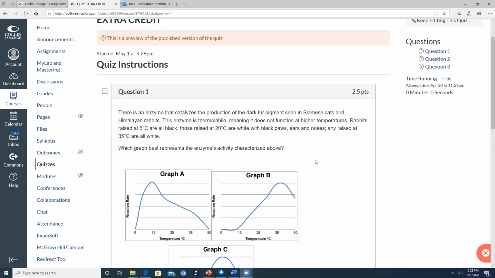Can you see this extra credit assignment? No, all I can see is the Zoom page. Oh, you can see it? Okay, let me do this. Okay, we can see it.